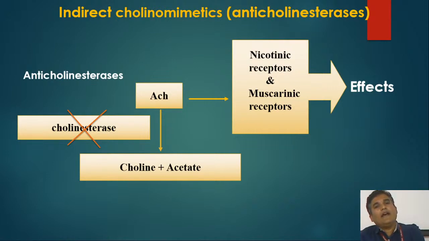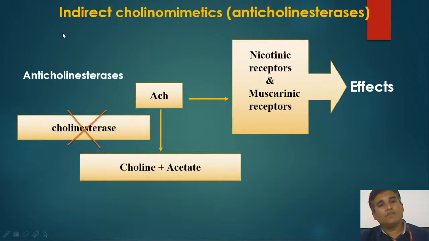These are indirectly acting cholinomimetic compounds. Acetylcholine gets metabolized by cholinesterase into its components, choline and acetate, once it reaches the synapse or neuromuscular junction.